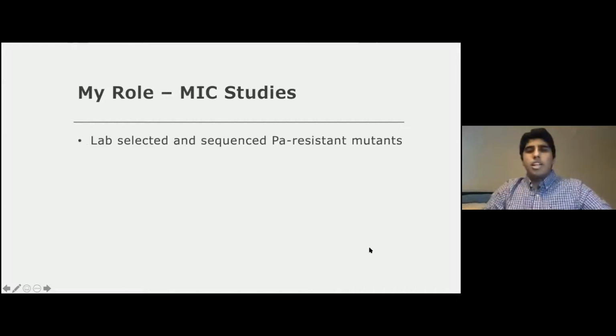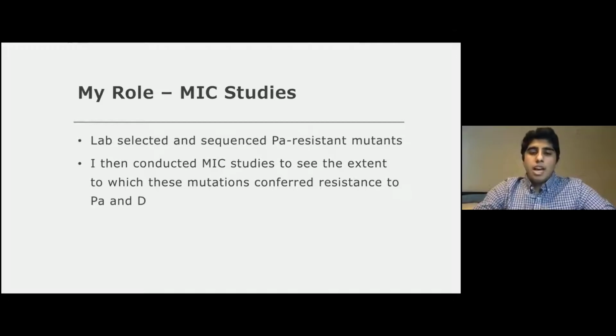My role in this study was basically performing the MIC studies. Before I came on, our lab selected and sequenced mutants that were resistant to protominid. And then I conducted MIC studies to see the extent to which these mutations conferred resistance to both protominid and delaminid. I'm trying to see how much more resistant the mutants got to these new nitroimidazoles after they've had their mutation.